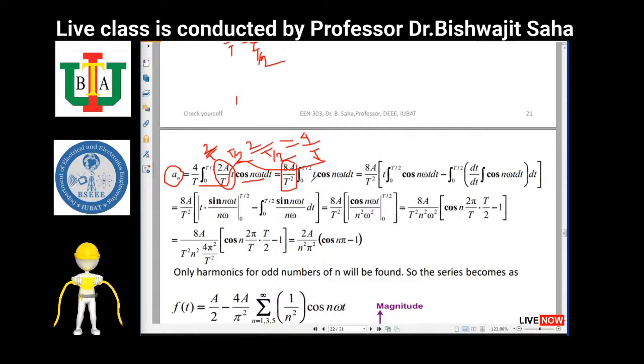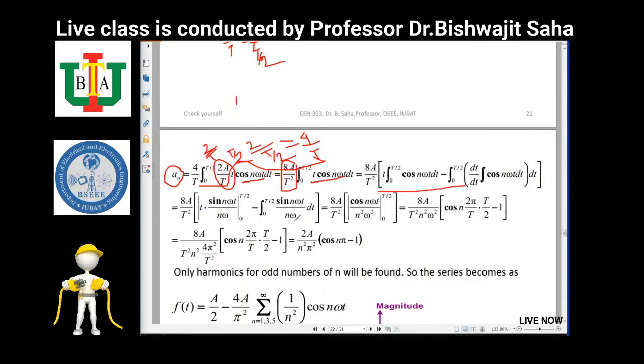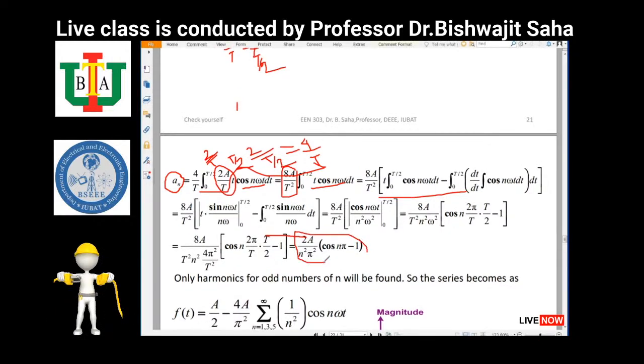And now very simple, t cos n omega t, you can apply like the previous problem, the UV formula. Yes, sir. Then eventually you will reach the point 2A divided by n square pi square times cos n pi minus 1. This will be the AN value.